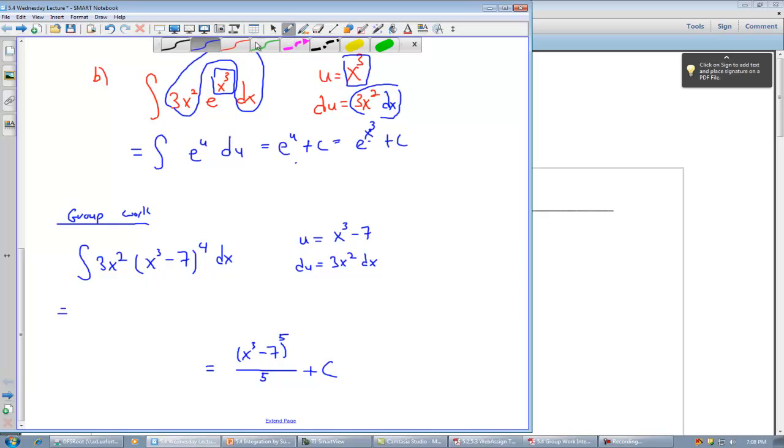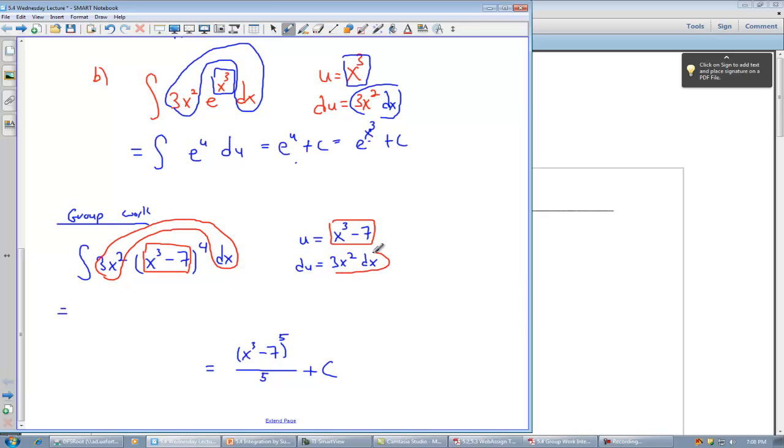So let's change colors up here. So this is my u. Here's my u right there. And then this piece, this 3x squared dx, that's right here, and that's my du. So I just plug back in, and so this is going to be equal to the integral of u to the fourth.